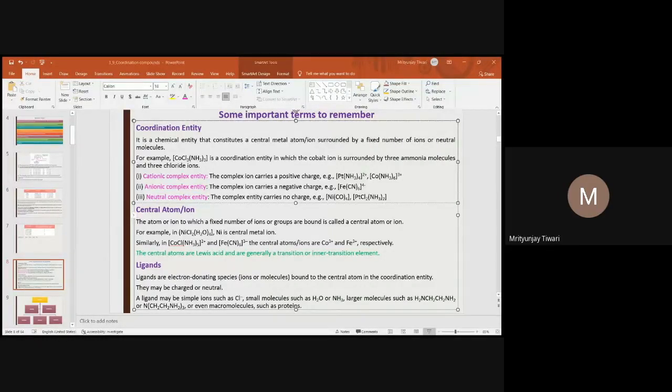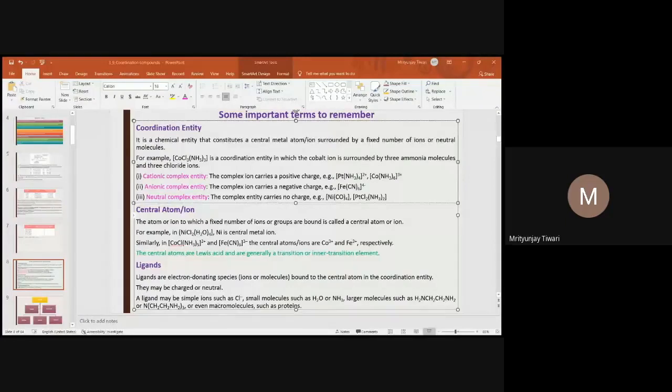Ambidentate ligands have two donor atoms, but at a given time only one donor atom will coordinate to a given metal. So ambidentate ligands are also a kind of unidentate ligand.